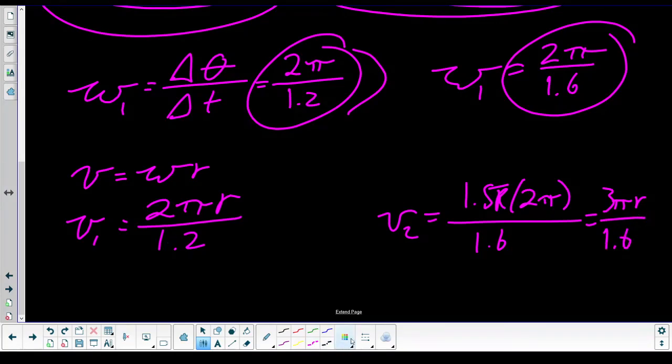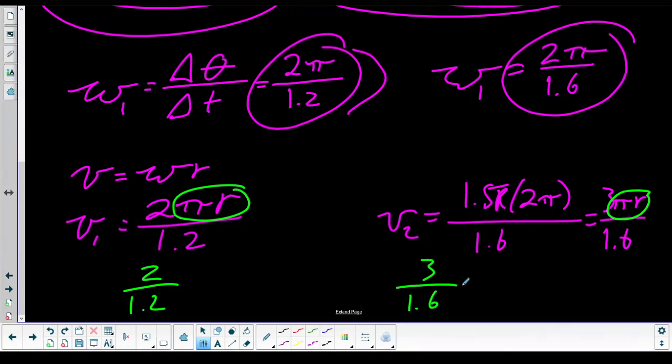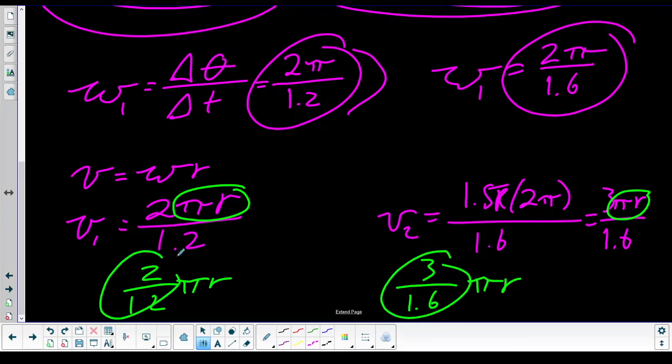So both of these have pi r in the top. So we don't really care about that part. What we care about is what's bigger, 2 over 1.2 or 3 over 1.6. So whichever coefficient is bigger will tell us. So we'll grab our calculator, just reduce these fractions real quick.